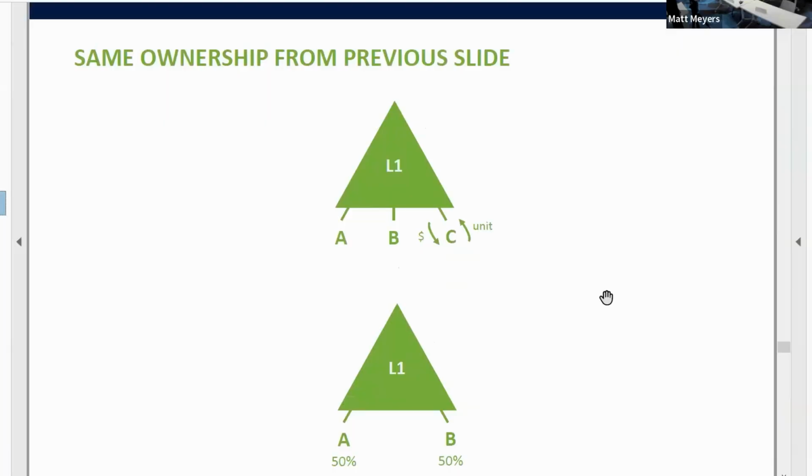Then you have partner-to-partnership, where the same fact pattern, you have A, B, and C owning L1, and A and B want to continue in L1, and C wants his or her cash.